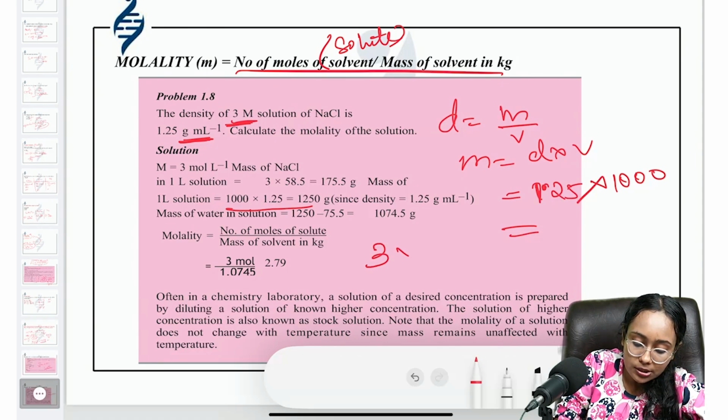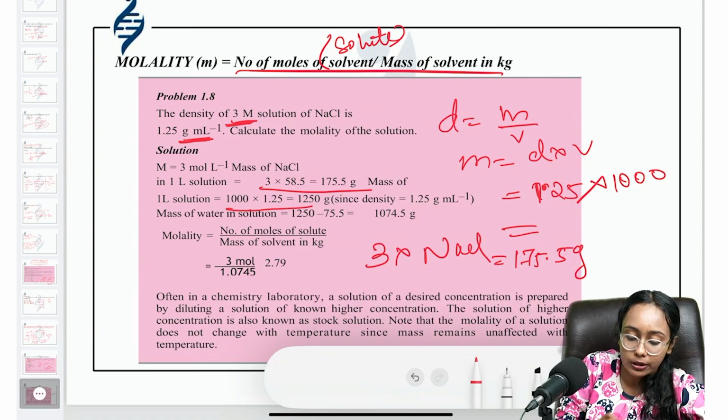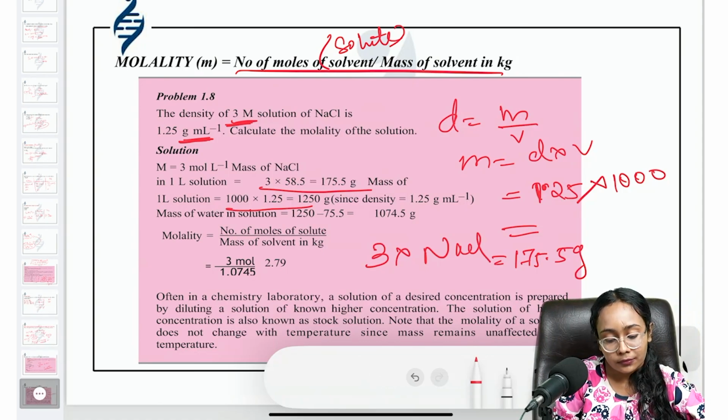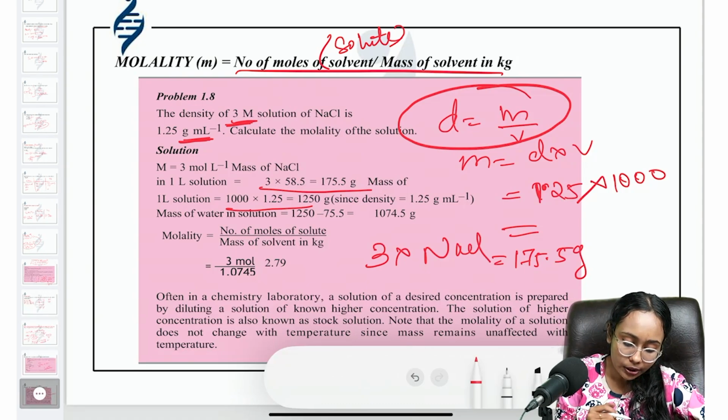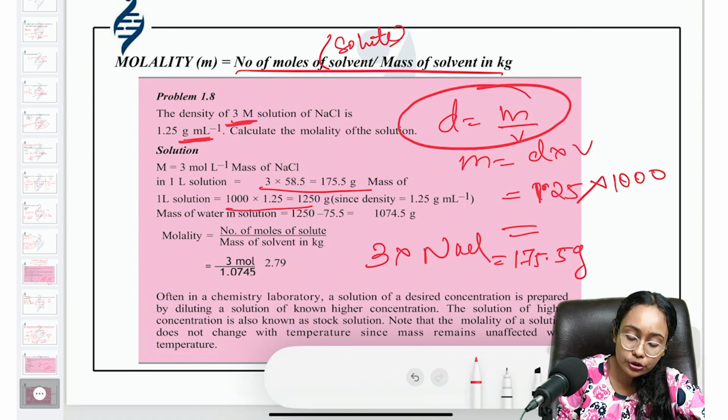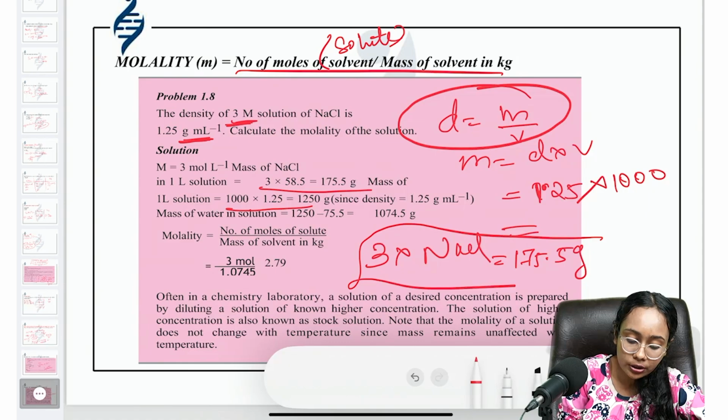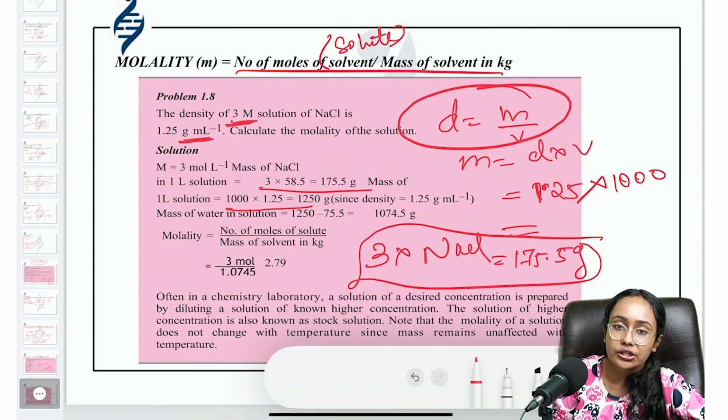So 3 moles of NaCl means 3 into the mass of NaCl, which is already given here, that is 58.5, so 175.5 grams. As per this equation, you will get the mass of the 1 liter solution, and as per this equation, you will get the mass of 3 moles of NaCl.